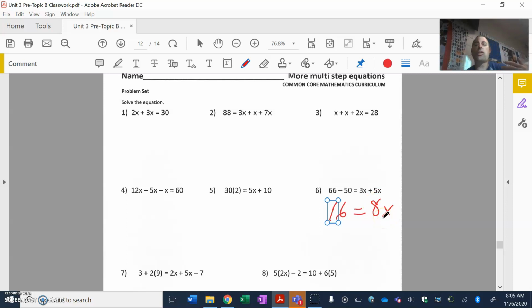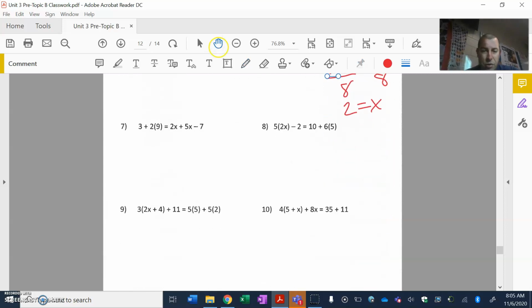The idea is to start to recognize what you've got: a one-step equation. I know it's only a one-step equation because there's only one thing on that side with the letter, just 8 times x. To undo multiplication, make sure you're showing your division. 2 equals x. That's what we're after in question number 6.